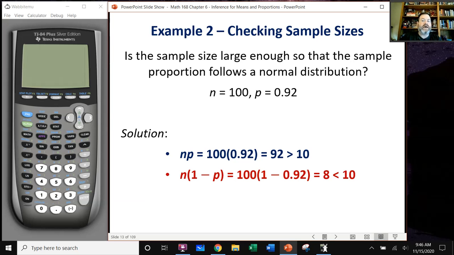As soon as this happens, we need to stop using the formulas. So if you were trying to use this, let's say you were analyzing some data and you had these numbers, you'd have to stop and go back and try what you're trying to do in a bootstrap distribution or randomization distribution. We wouldn't be able to use these formulas.